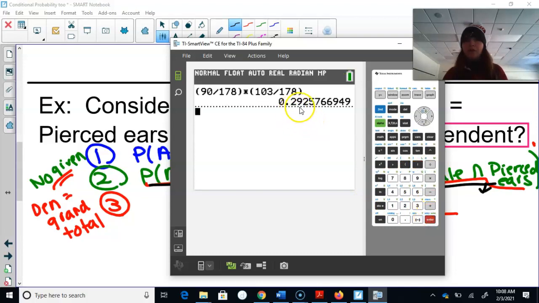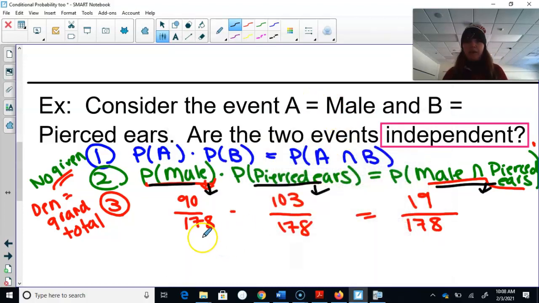That equals 0.2926 if we round to the fourth decimal. 0.2926. So this right here equals 0.2926.